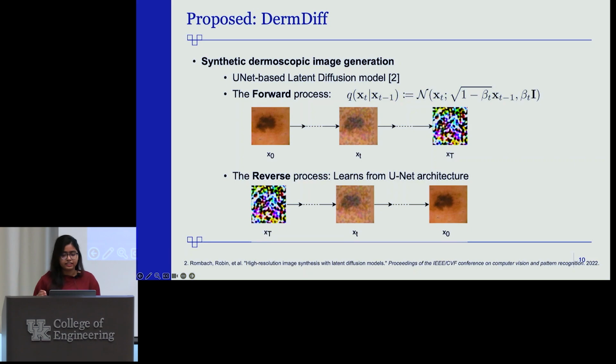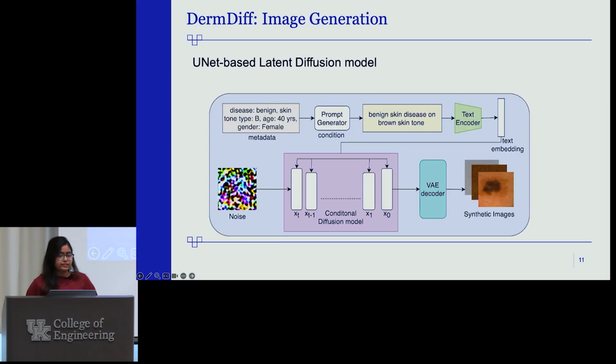The main thing is the reverse process, where the model learns to gradually remove noise from an image and generates a new dermoscopic image. So these are the two processes of diffusion. Our main target is to train the reverse process to generate new dermoscopic samples. This is the UNet-based latent diffusion model architecture.